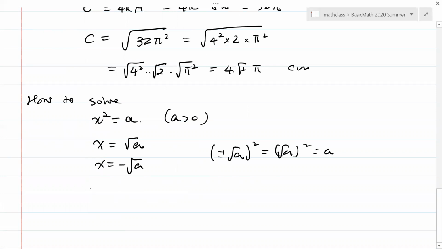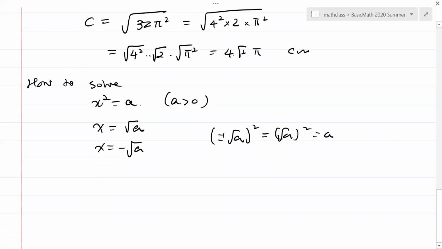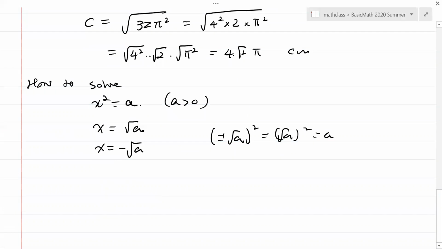Now, when a is a perfect square, then x is an integer. Okay, and for square roots, we do have some formulas. Square root of a times b is the square root of a times the square root of b. That's what we always use, right? And the square root of a over b is the square root of a over the square root of b, right?